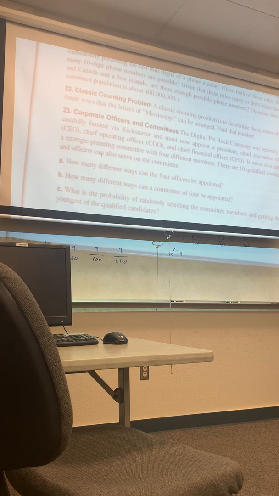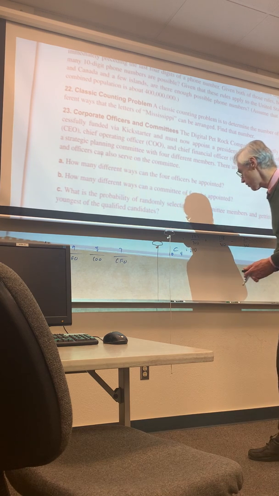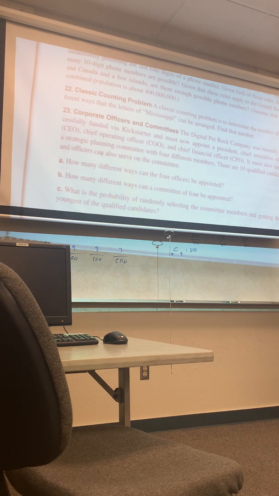That's 210. So the committee of 4 can be chosen in 210 different ways. Order doesn't matter. It's 10 choose 4 because the officers can also serve on the committee.